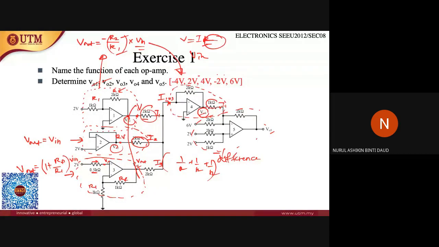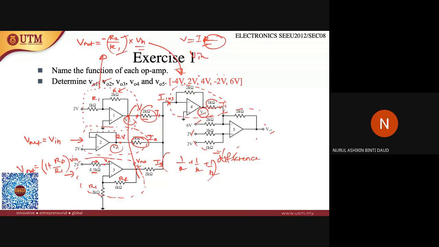V in is 2 volts, right, for 4. V in is 2 volts for 3. For VO3 or VO4? VO3, the V in. After the 0.5 K resistor, it doesn't drop any voltage, right? Or is there? Let me check.